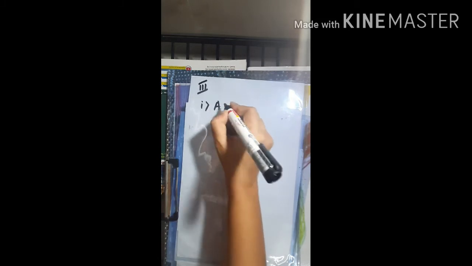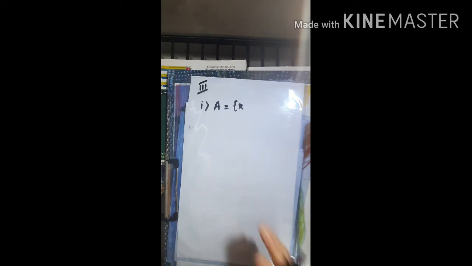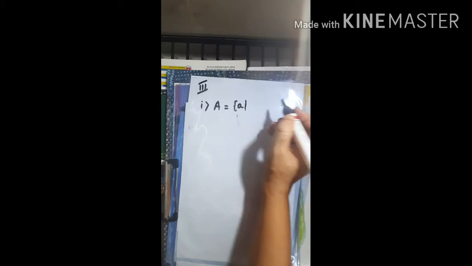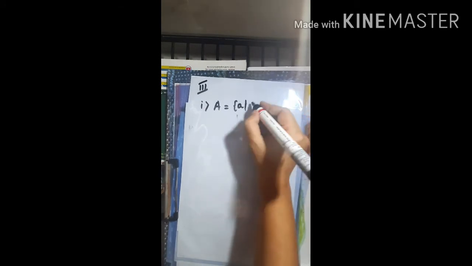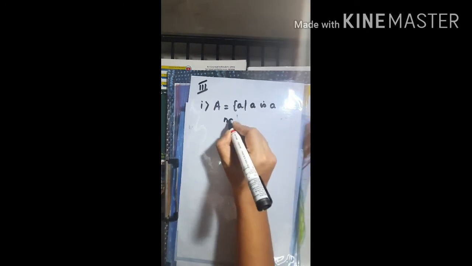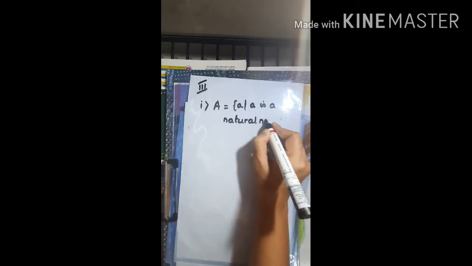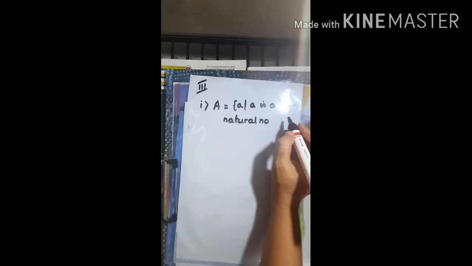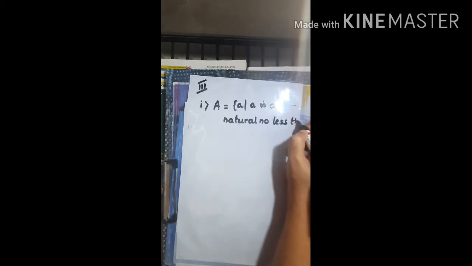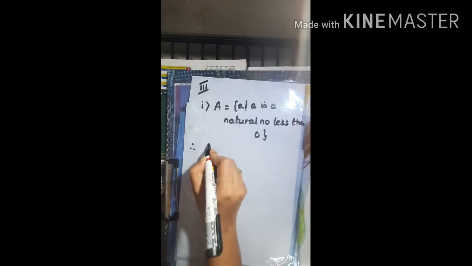A is a set of all x such that x is a natural number less than 0. Now, which are the natural numbers less than 0?